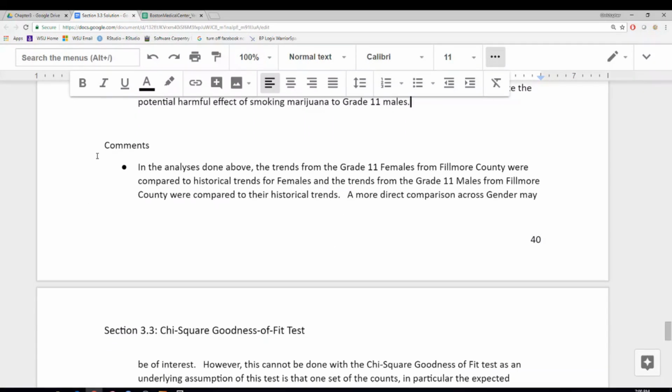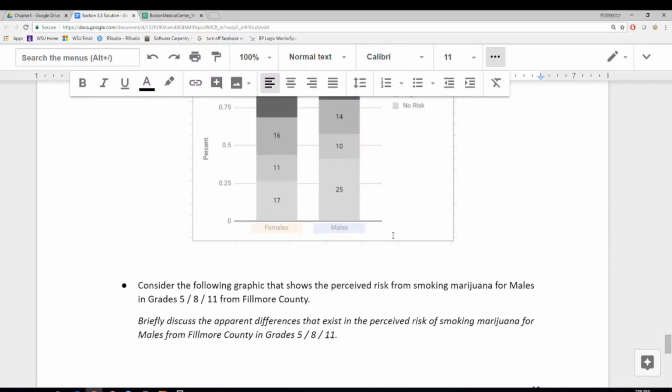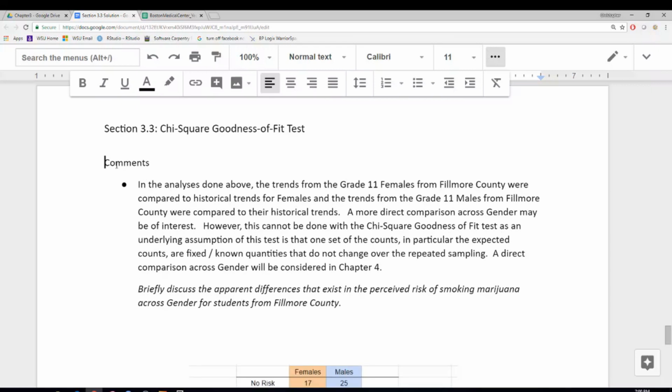All right, a couple of comments here. So in the analyses that we did up above here, the trends, let me go ahead and just put this onto a new page. We're going to be looking at a graph here. In the analyses that was done up above, the trends from the grade 11 females were compared to the historical trends for females.